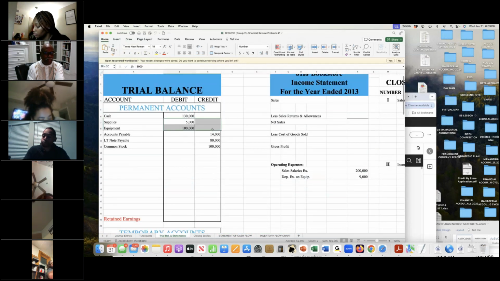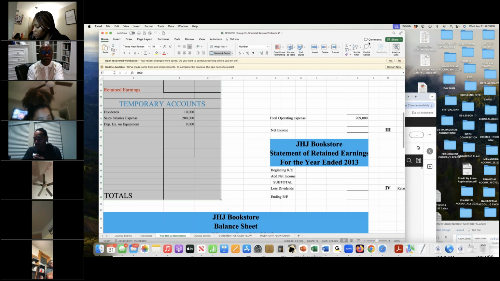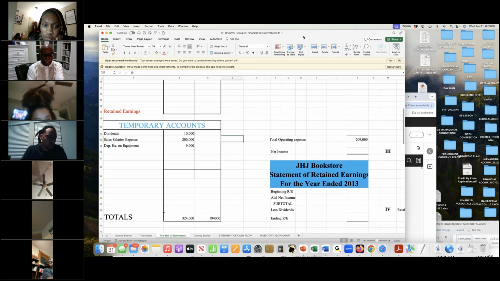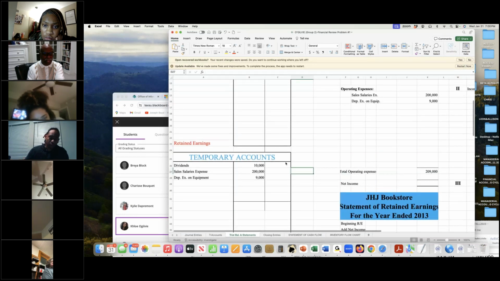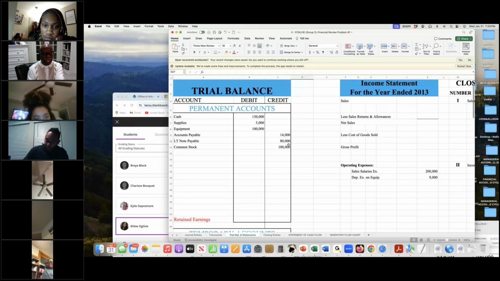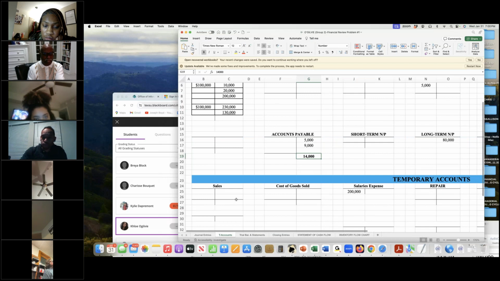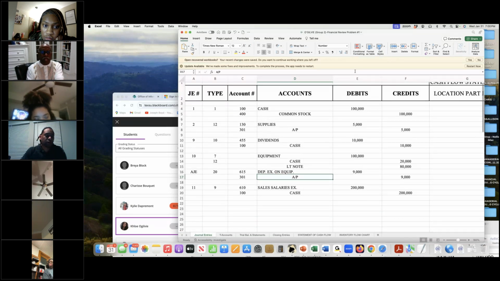Let's do some totals here: cash, supplies, equipment, stock. We don't have anything in the sales account here, so let me look at the journal entries. Well, you've got to put all the journal entries in.